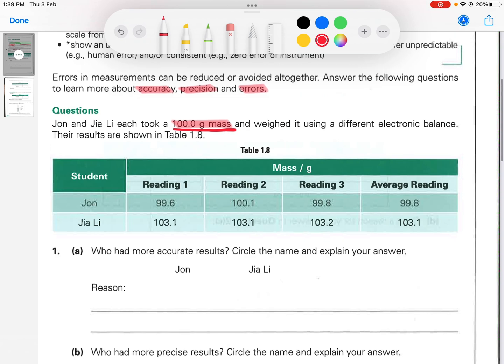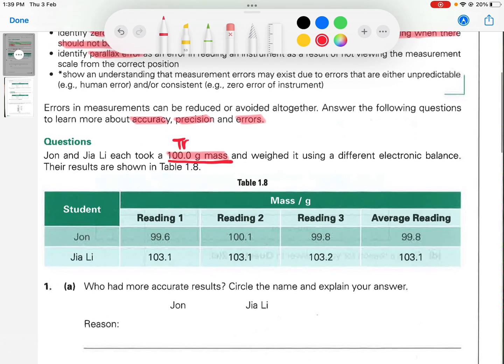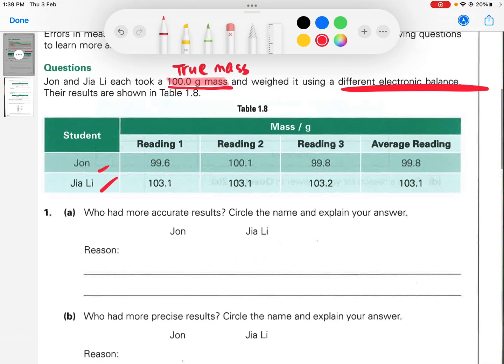This is the true mass, and John and Jiali are simply measuring the mass using different electronic balances. So what we are going to do is see who has more accurate results. More accurate results means what?